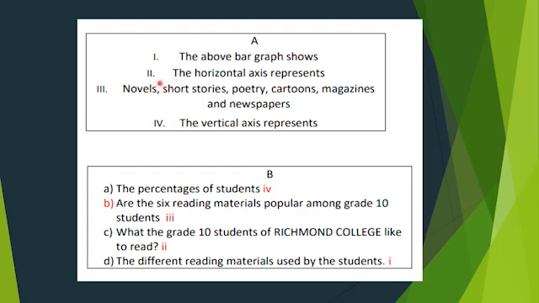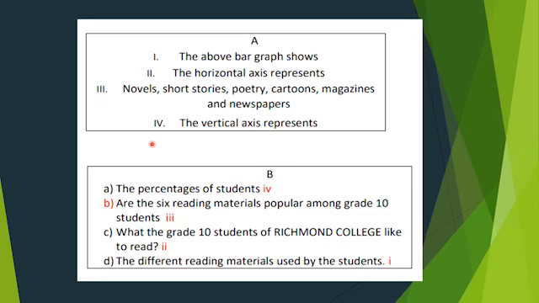Sentence number 2, the horizontal axis displays what the grade 10 students of Richmond College like to read. Sentence number 4, the vertical axis represents the percentage of students. You can study the graph and get the idea.